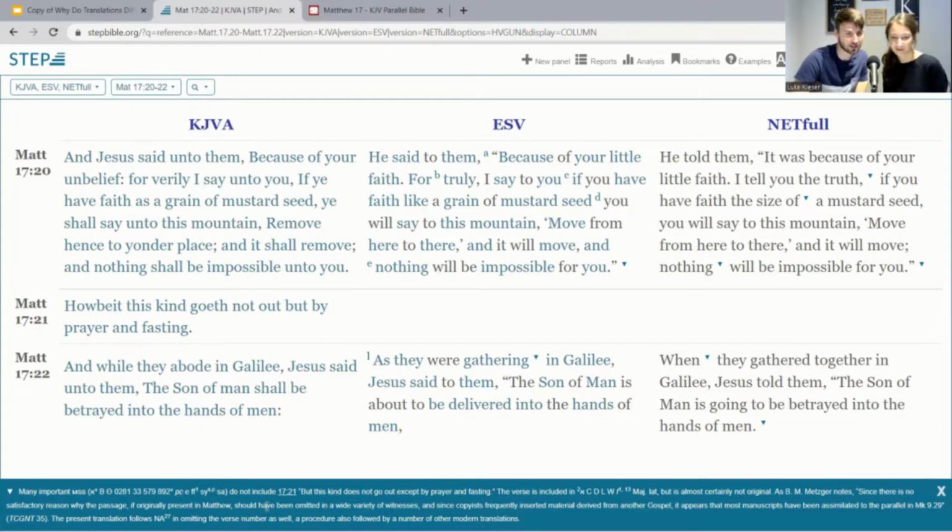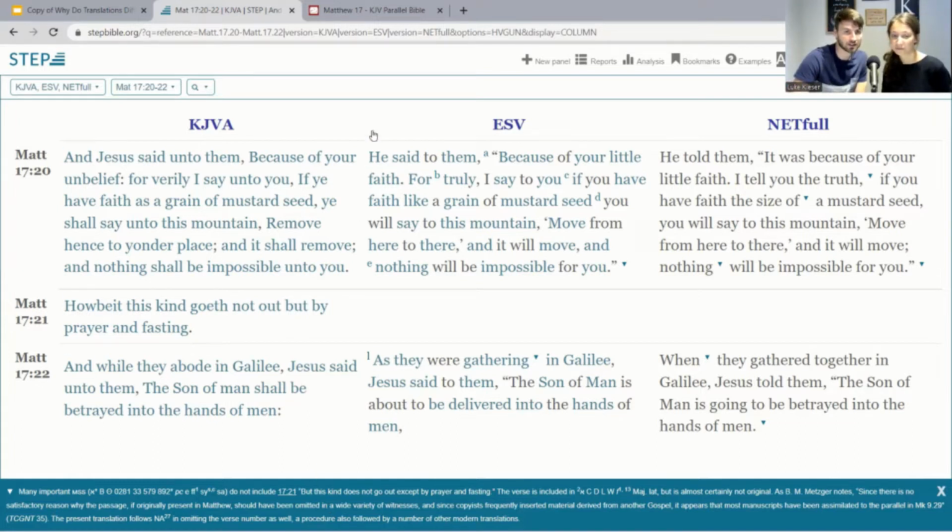And then they give you a whole explanation for why they feel it shouldn't be in the text. That's a really good resource to know, the NET for footnotes. Is this common for a lot of verses in the New Testament and Old Testament? NET has footnotes Genesis to Revelation on these issues, so you can use those footnotes.